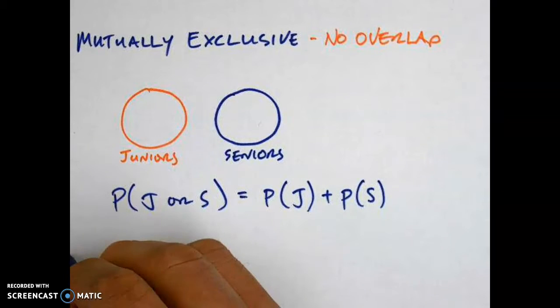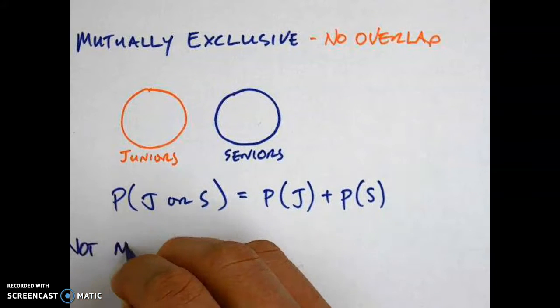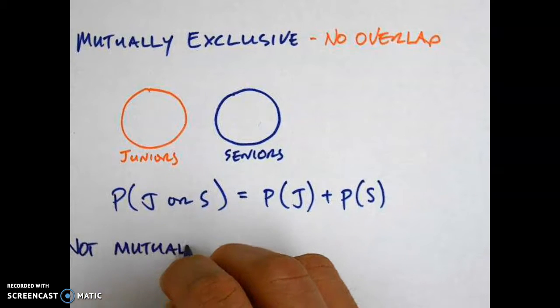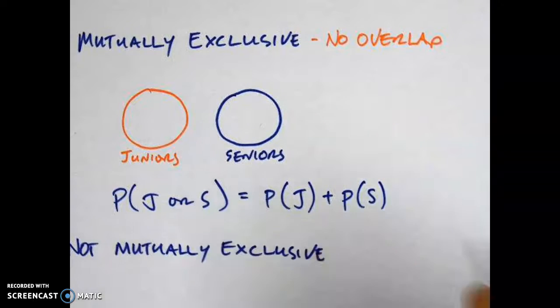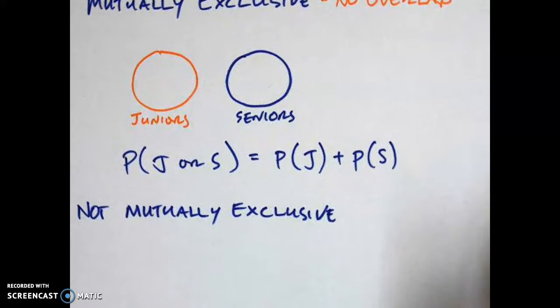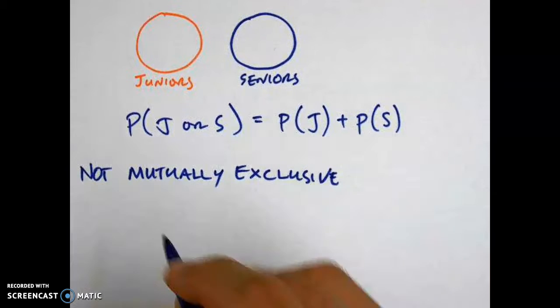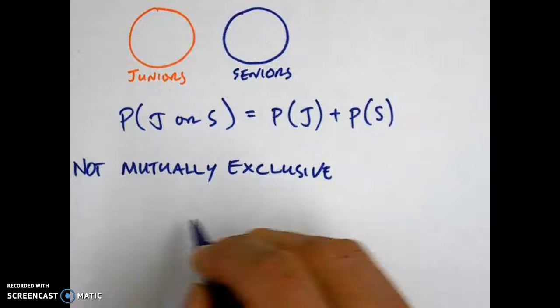Let's talk about not mutually exclusive. When something is not mutually exclusive, we talked about this last week, that's when you have a Venn diagram that overlaps.